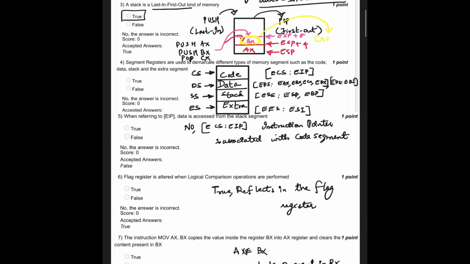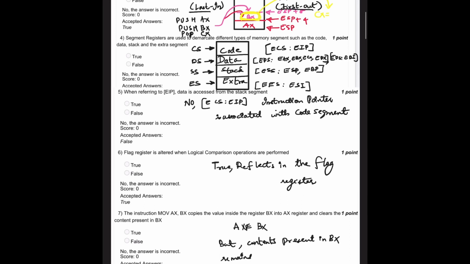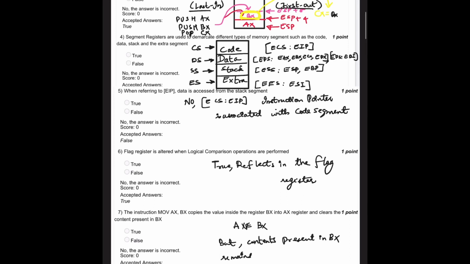That's why the last element which was pushed into the stack gets popped out first. So that's why the name last in first out, and hence this is true. Okay, so let's go to question 4.